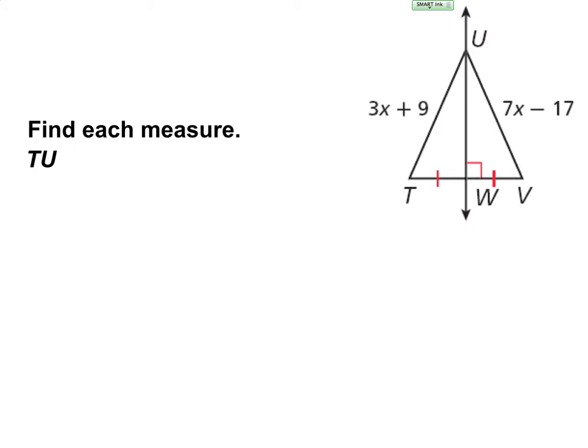Do we have a perpendicular bisector? Jacob's saying yes. I agree with Jacob. He's the only one that was answering that. Okay. So if U is on that perpendicular bisector, use equidistant from T and V. How would you do the problem with this?